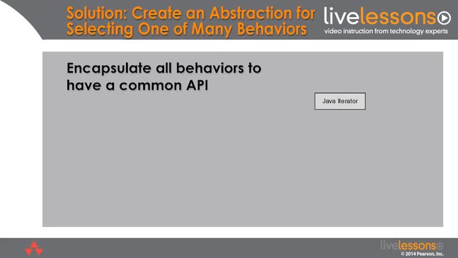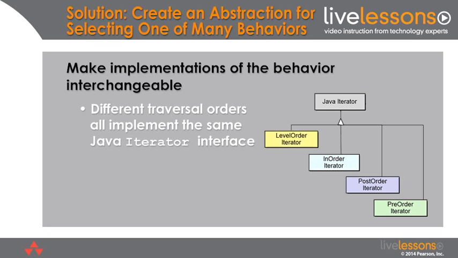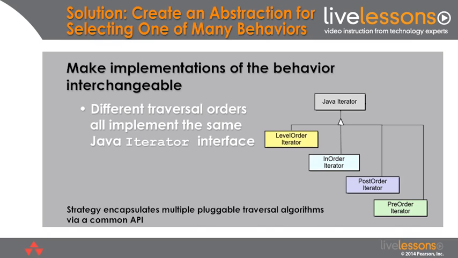Once we've identified the family, then we're going to encapsulate all these behaviors within a common API. In our case, we'll use the Java Iterator interface as our common API. And then we'll go ahead and make implementations of these behaviors interchangeable. We want to be able to have different traversal orders, all implementing the same Java Iterator interface. Strategy will allow us to encapsulate multiple pluggable traversal algorithms via this common interface.